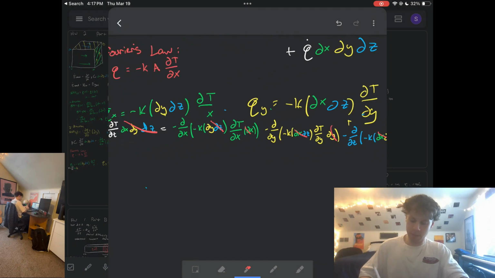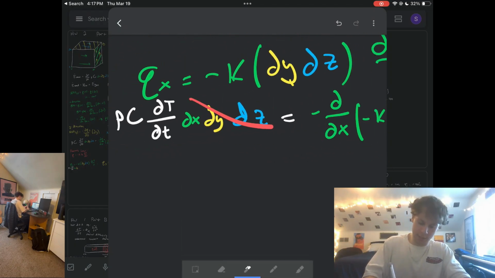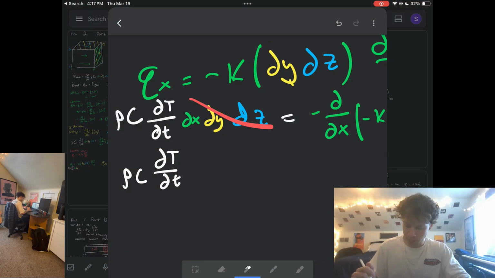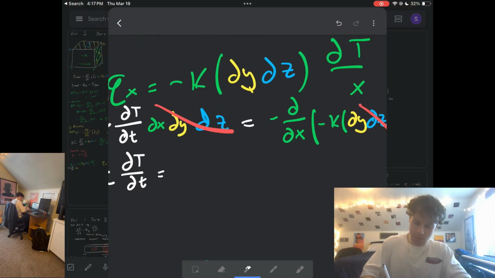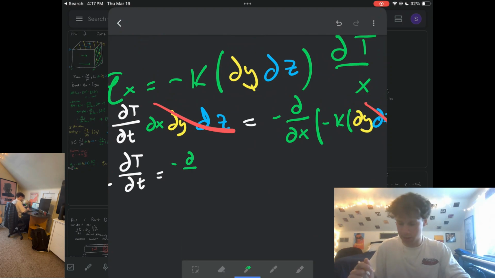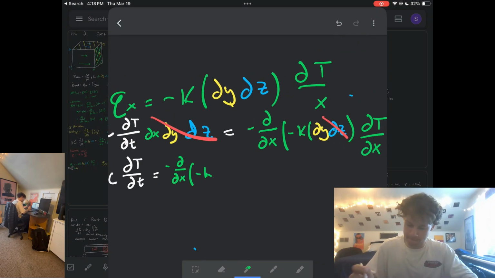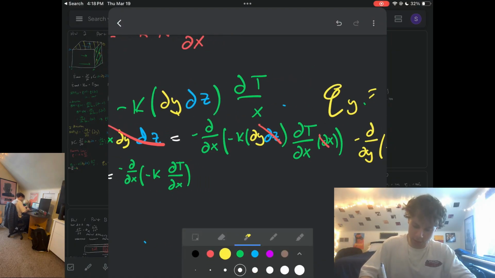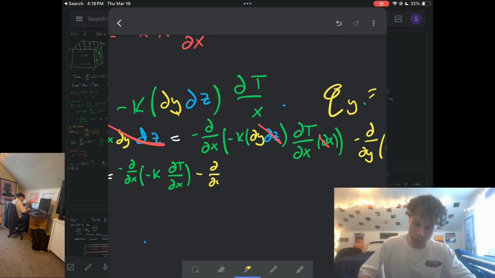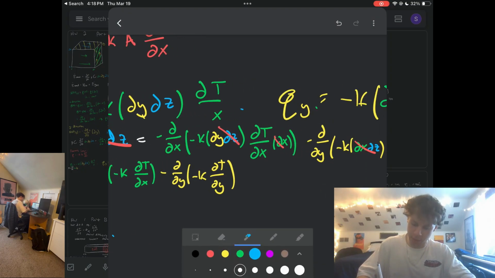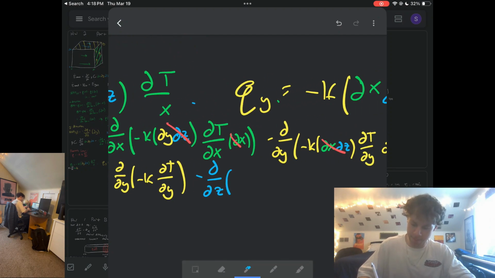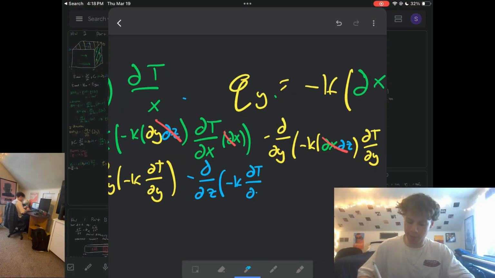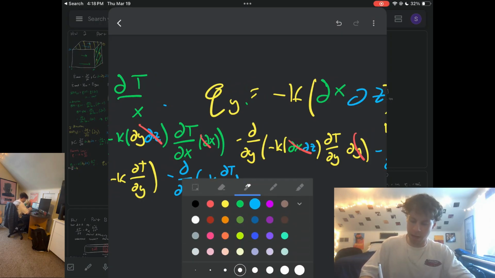And what we're left with is density times heat capacity times our change in temperature with respect to time is equal to our negative d over dx times our negative thermal conductivity times our temperature gradient with respect to x, minus that for the y, so d over dy times negative thermal conductivity times the temperature gradient in the y direction, and same with the z, so d over dz times our negative thermal conductivity times our temperature gradient with respect to z, plus our heat flow.